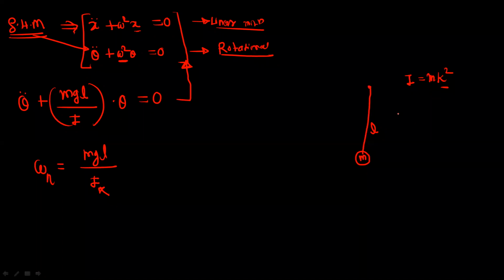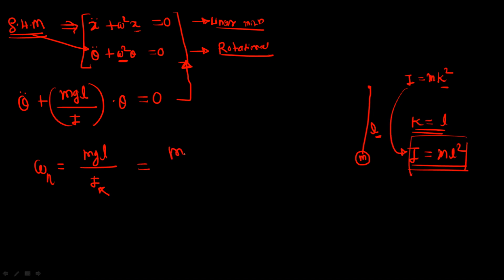So for simple pendulum, mass is distributed exactly at the length of the pendulum, that is at distance L. So here L will become the radius of gyration. So we can write this equation for simple pendulum: I is equal to m L square. Okay. So put this value m l square in this formula of omega n.